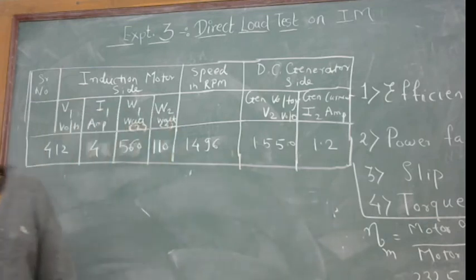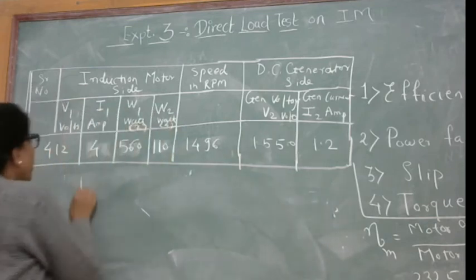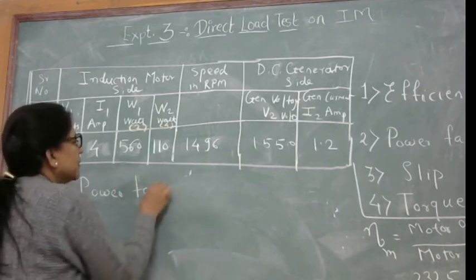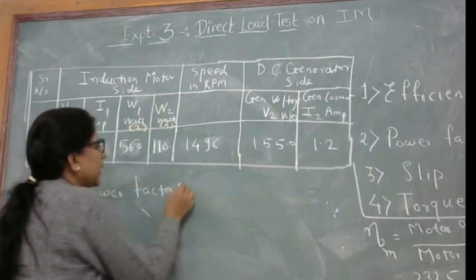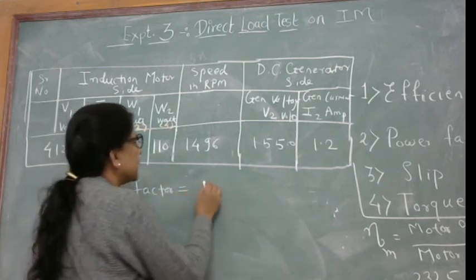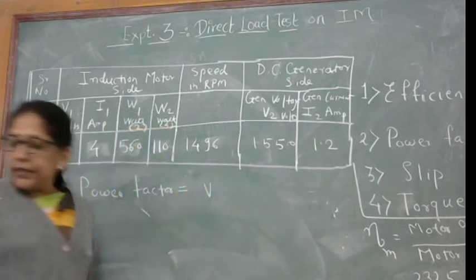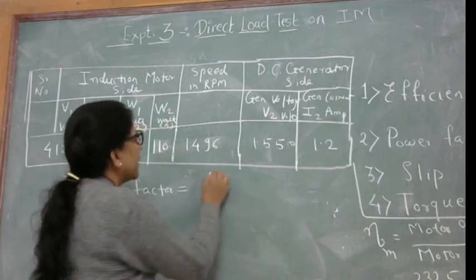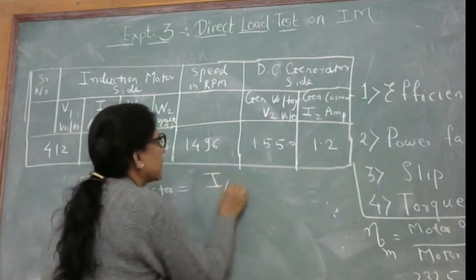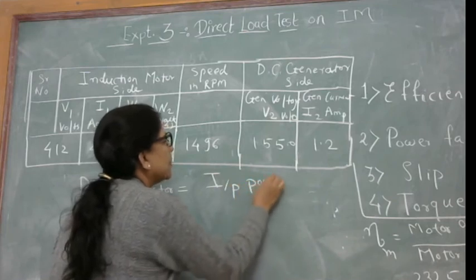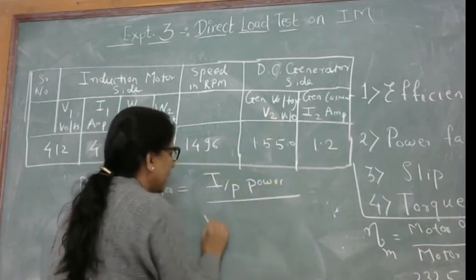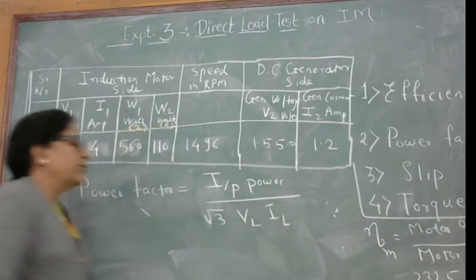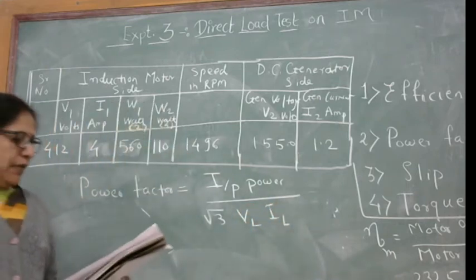Then the second calculation is for the power factor of the motor. As we know, in three-phase AC, power is given as √3 VL IL cos phi. So power factor we can calculate as input power upon √3 VL IL.